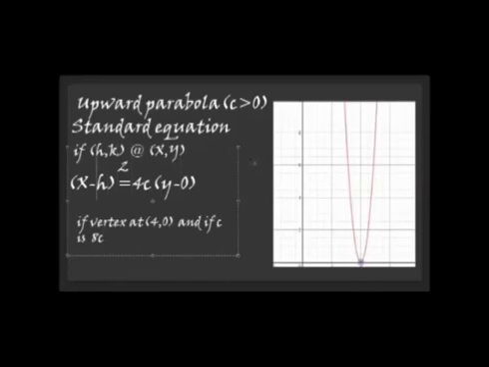But if 0 is present, you just leave it out and make it y, or x minus 4 squared is equal to 8y.